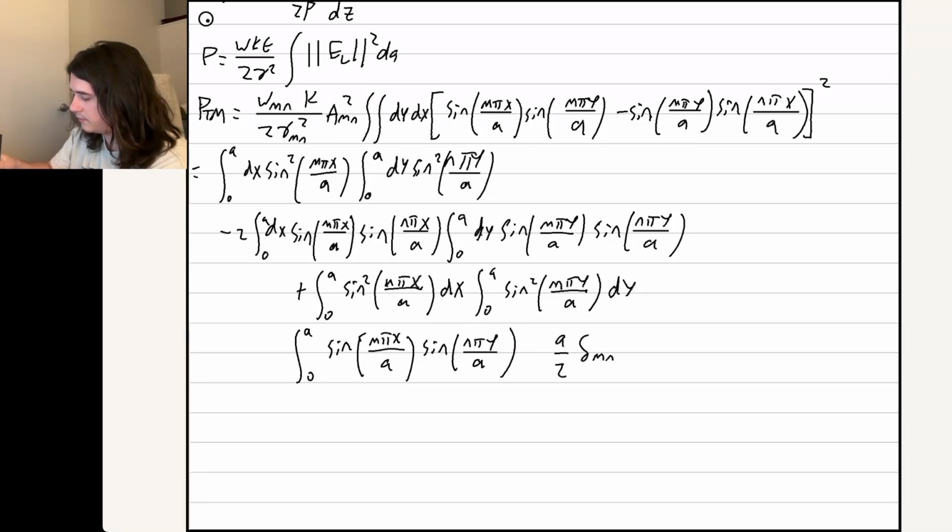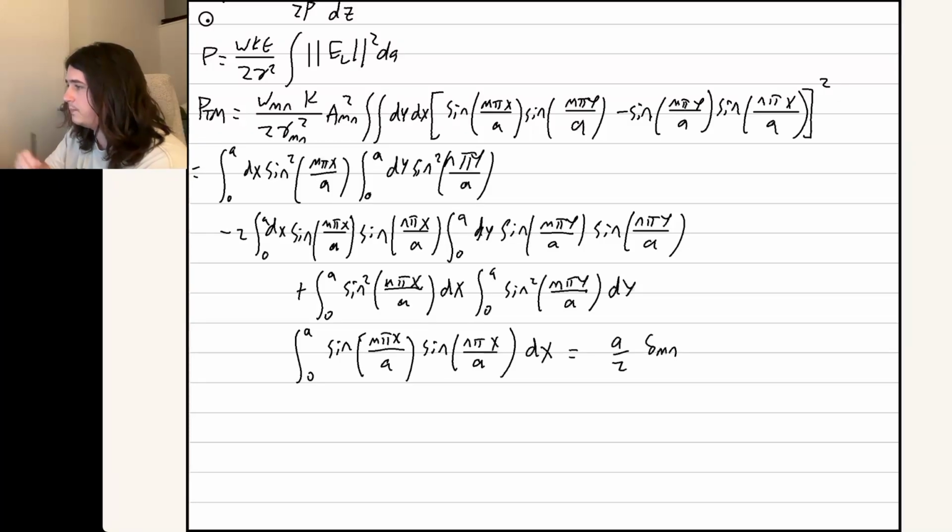They have to share the integration variable, so both of these are x, equals a over 2 delta mn.